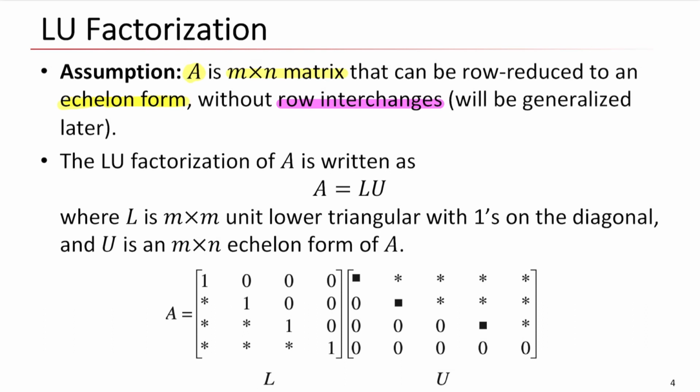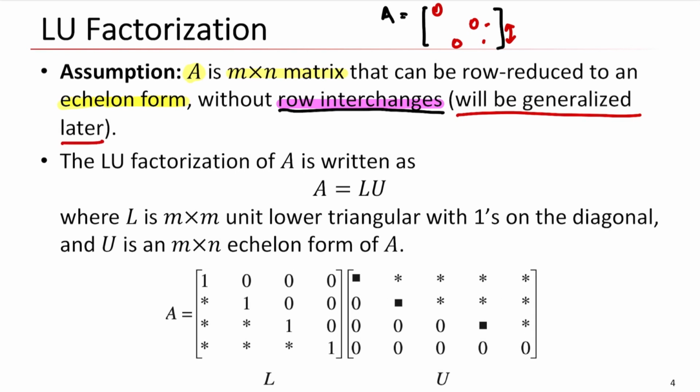First of all, let's assume that there is no interchange in the matrix A. If there were a case like this, we would have to use row interchange to interchange this row. So let's assume there's no such case here. We will generalize this later, so you don't need to worry about that.